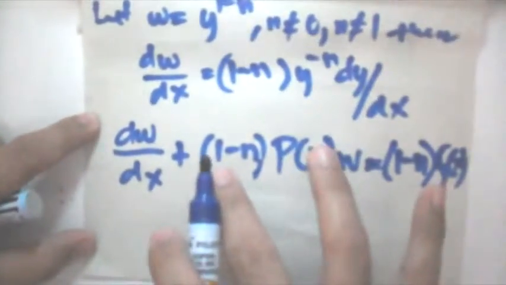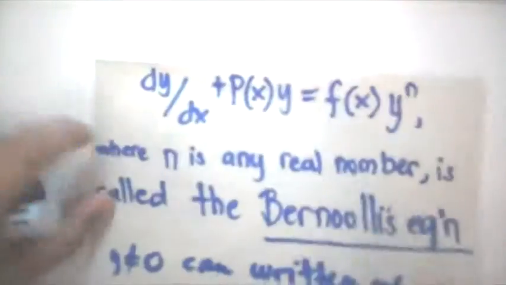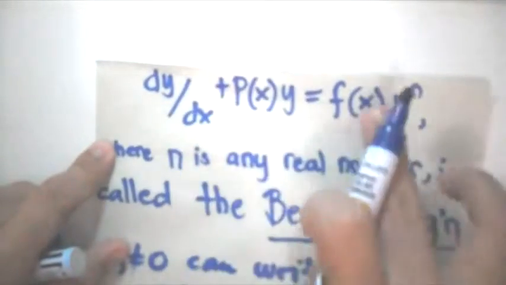So as you can see, solving this equation for w and using y to the power of 1 minus n will lead to the solution of the Bernoulli equation. Now let's go to the example of the Bernoulli equation.